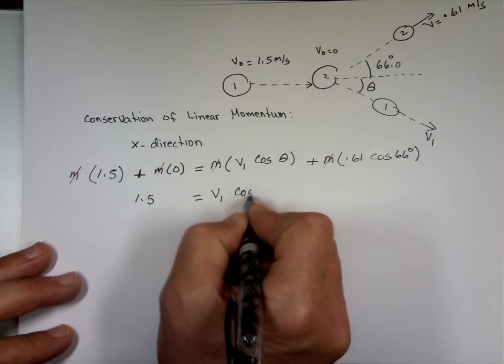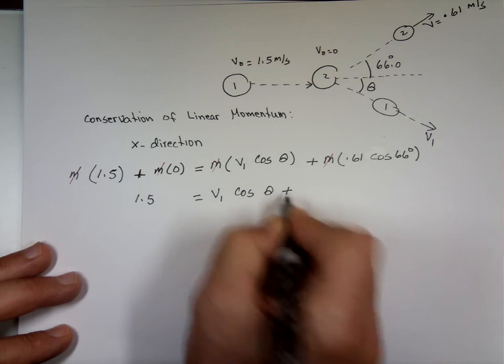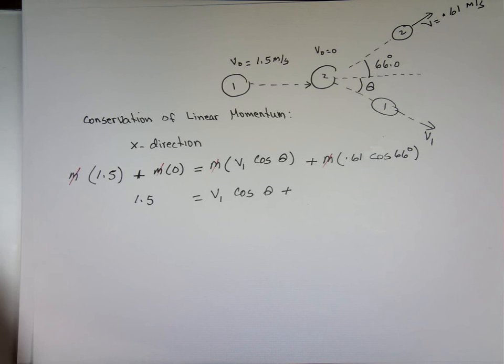plus, what is 0.61 times cosine 66? Oh, my calculator is in radian mode from last night, because I got a negative value. I know that's not correct.